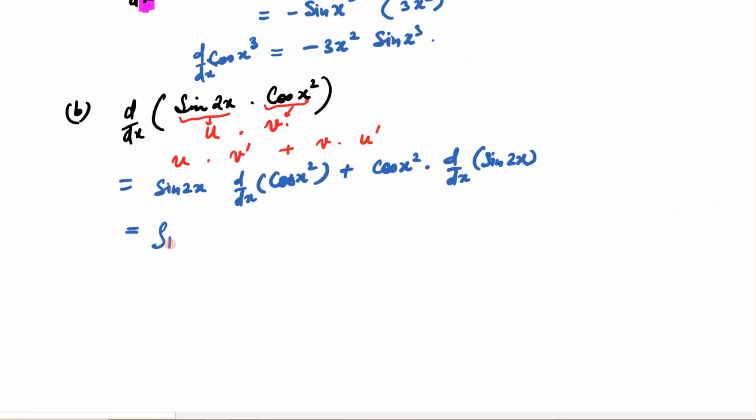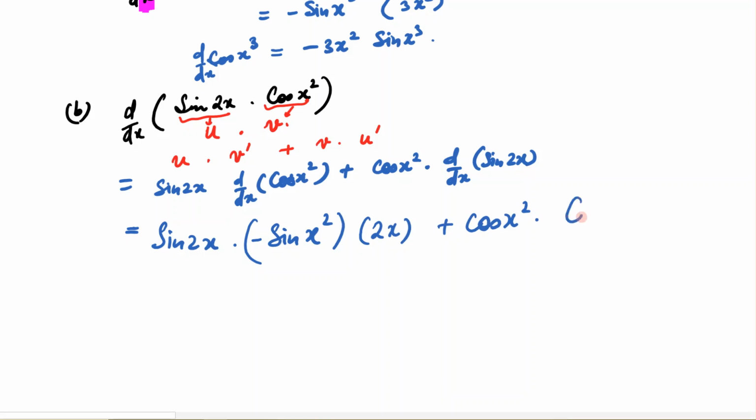Right, so sine 2x as it is, derivative of cosine is negative sine x square, and by chain rule we need to take the derivative of x square, which is 2x, plus cosine x square as it is, and derivative of sine is cosine 2x, and by chain rule we also need to take the derivative of 2x, which is just 2.